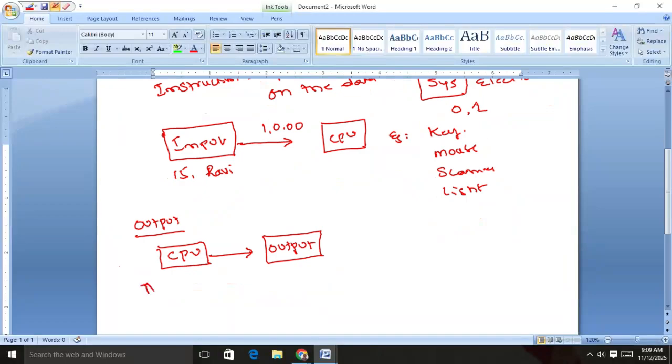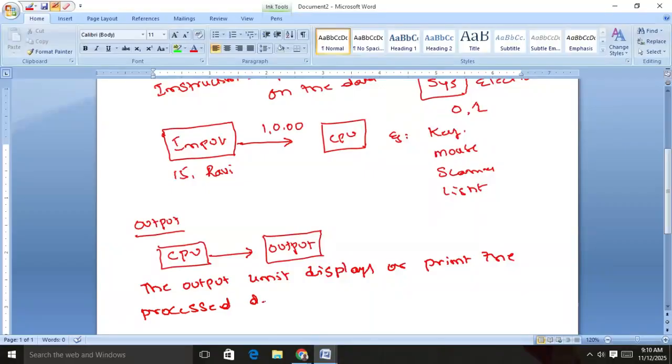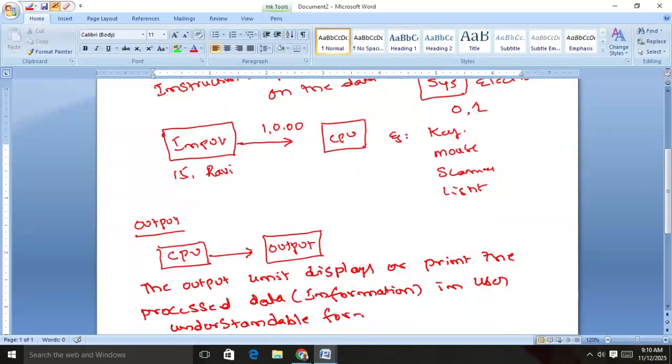Here I am going to write: the output unit displays or prints the processed data, that is known as information, in user understandable format.